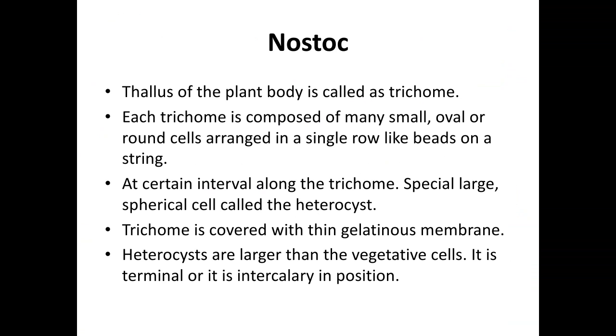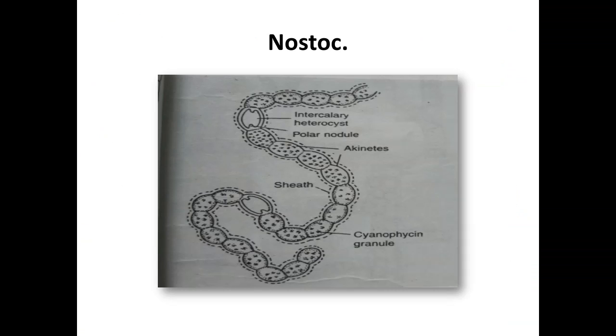The trichome is covered with a thin gelatinous membrane, and heterocysts are larger than the vegetative cells. The heterocyst is terminal, or intercalary, or also basal in position. On the basis of position, the heterocysts are of three types.